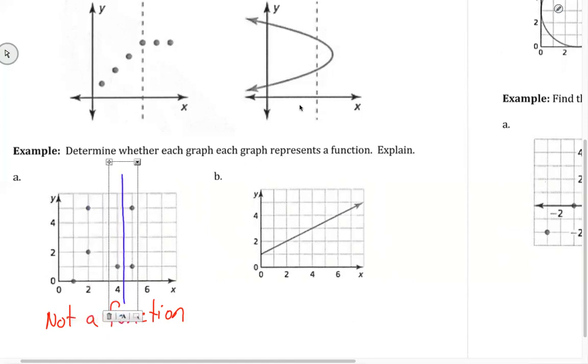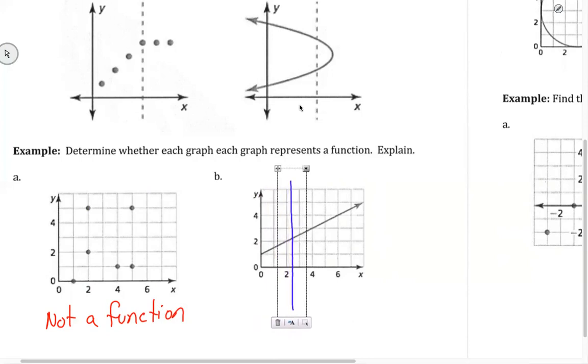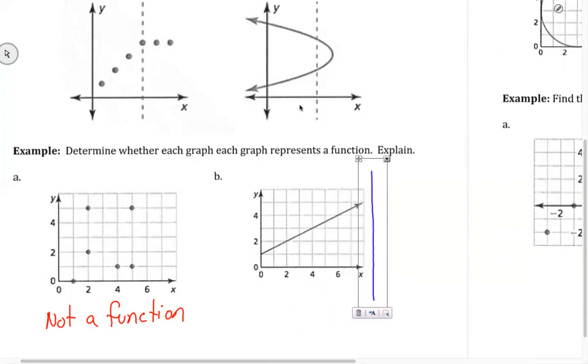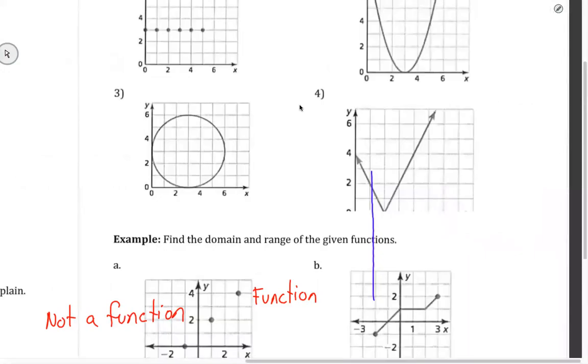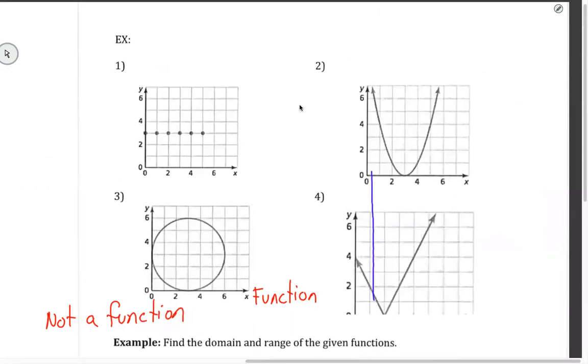Ready, Shannon? See how it only touched once? Function. There we go. All right. You guys try. There are 4 problems right here.